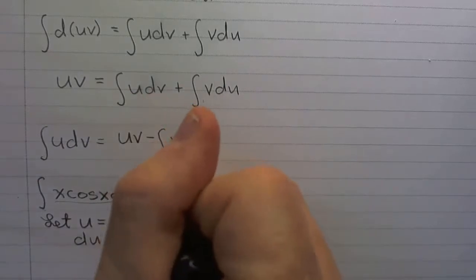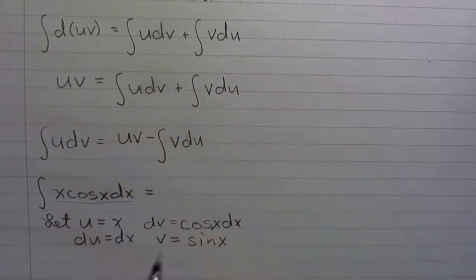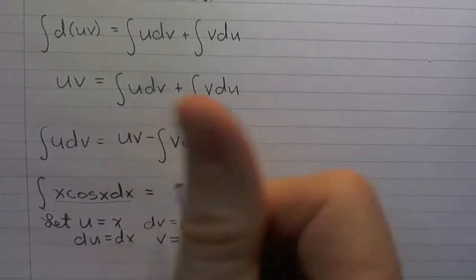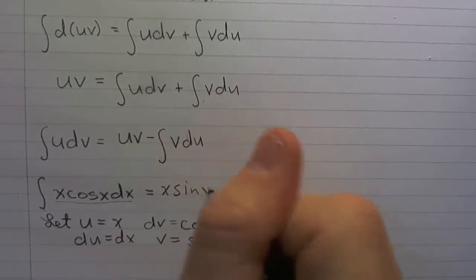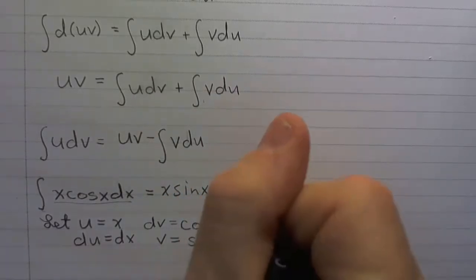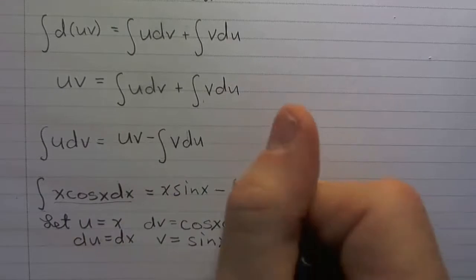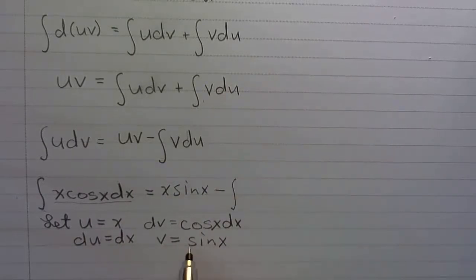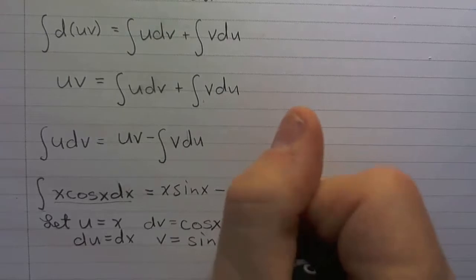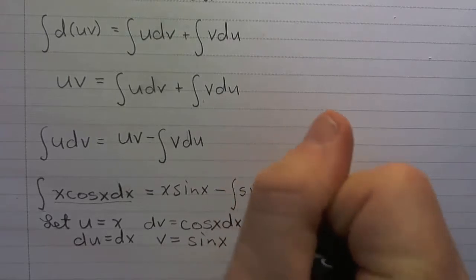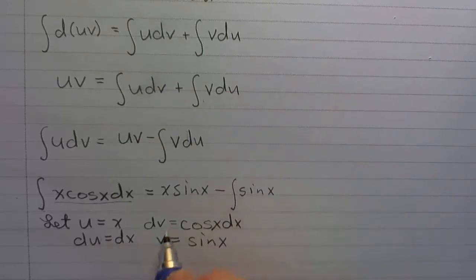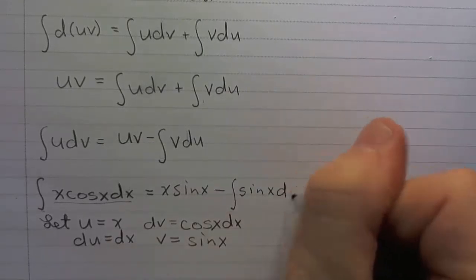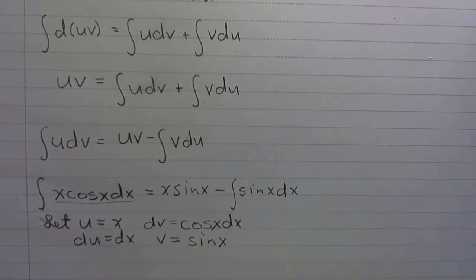Now, let's use our formula. The formula says uv, so there's uv. So this is going to be x sine x minus, just going right along here, v, sine x, du. Du is just dx. Now we can manage this integral. No worries.